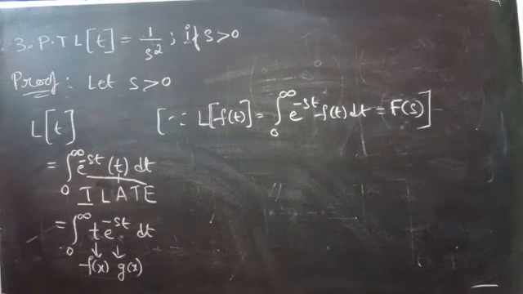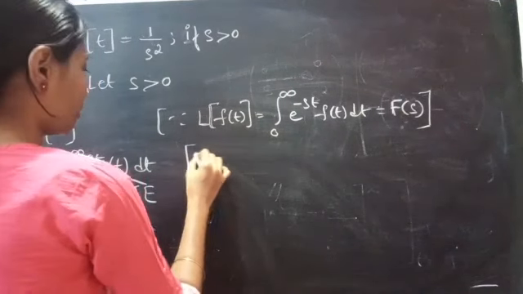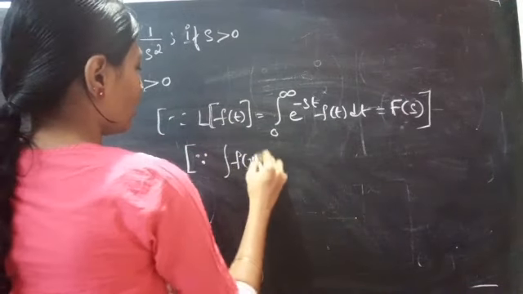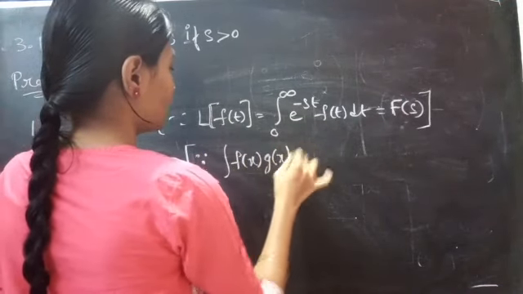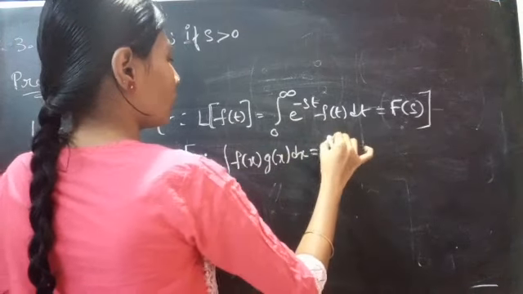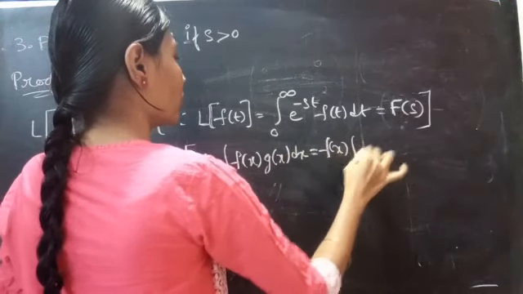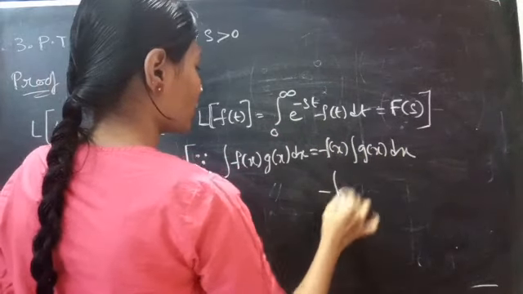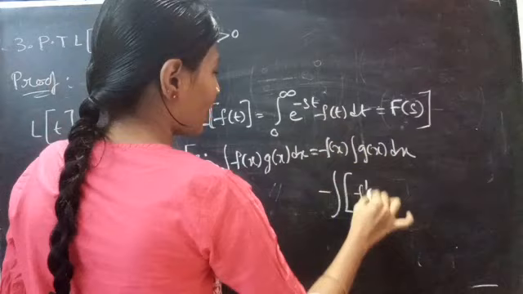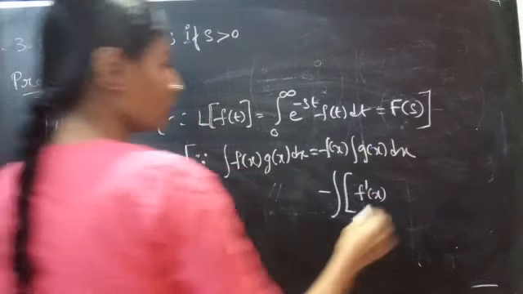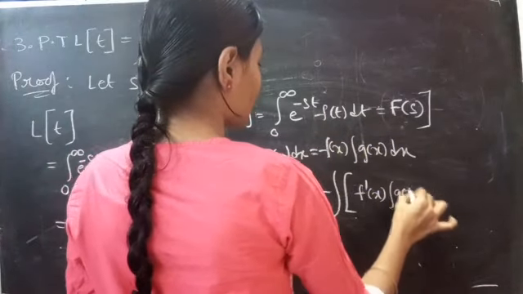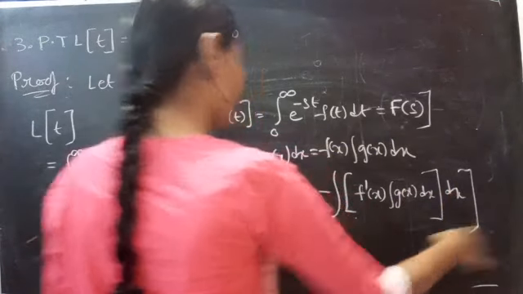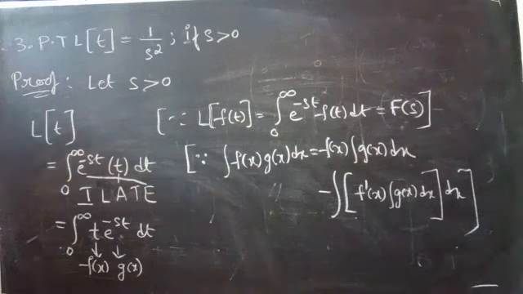Now we'll use the integral by parts formula. Integral f of x into g of x into dx is equals to f of x into integral g of x dx minus integral of f dash of x into integral g of x dx into dx. Okay. So now we'll apply this formula.